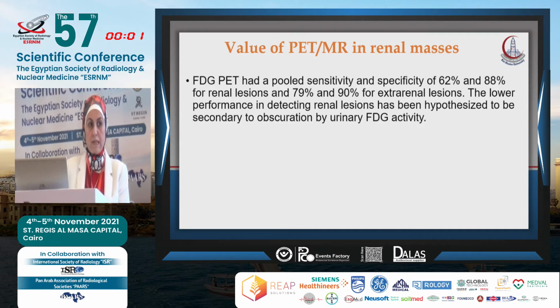But it has an excellent role in extrarenal evaluation regarding venous infiltration by the tumor or nodal metastasis. So regarding the evaluation of renal masses, still the conventional imaging, either CT or MRI, plays a cornerstone for its diagnosis and staging, but PET is valuable in evaluating nodal and distant metastases.